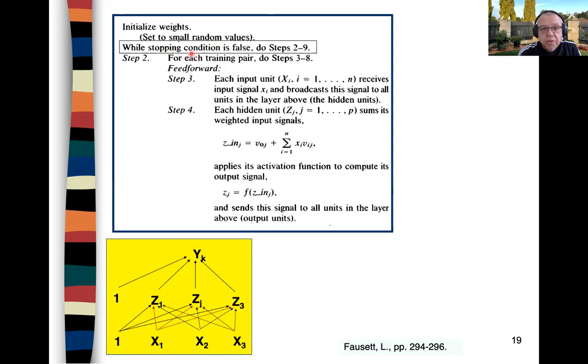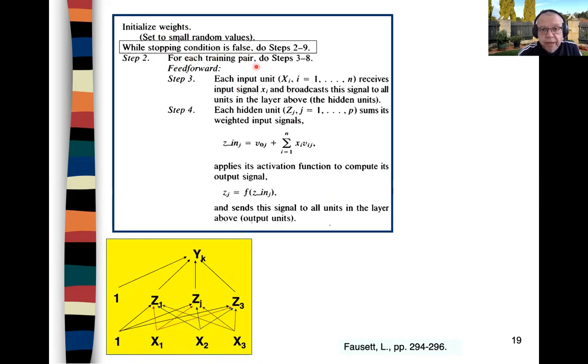And while the stopping condition is false, so we are going to see that there is a stopping condition, we do steps 2 to 9. We start with step 2, and cover up to step 4 here, and in the next slide we cover the remaining ones.